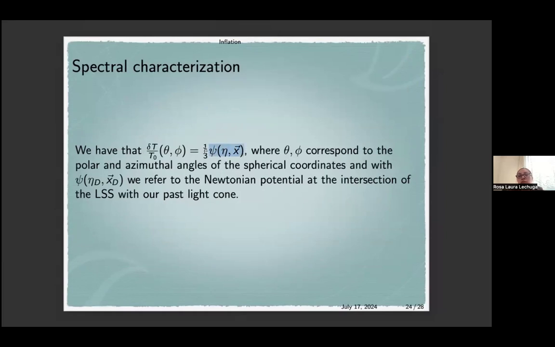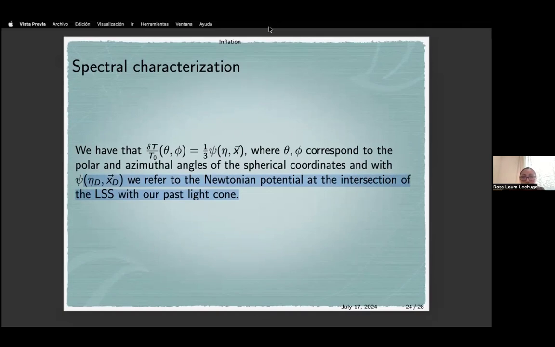This quantity, as I mentioned before, encodes the perturbations on a homogeneous and isotropic universe. We can refer to the Newtonian potential as the intersection between the observations and the theory. We can also have in mind the idea that we refer to this potential at the intersection of the last scattering surface with our past light cone.